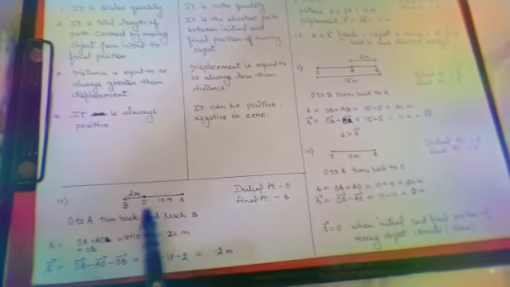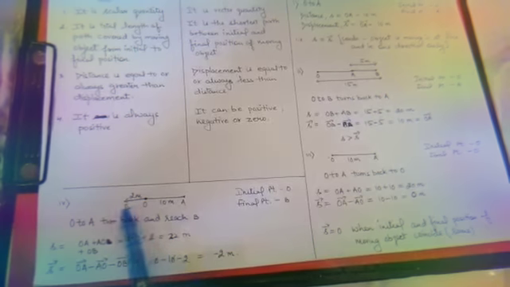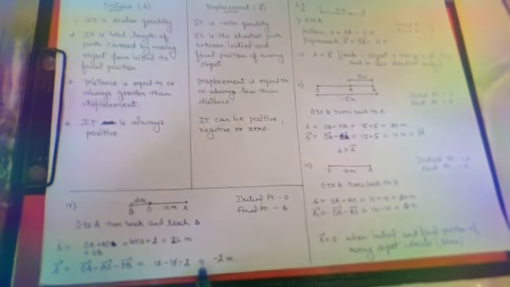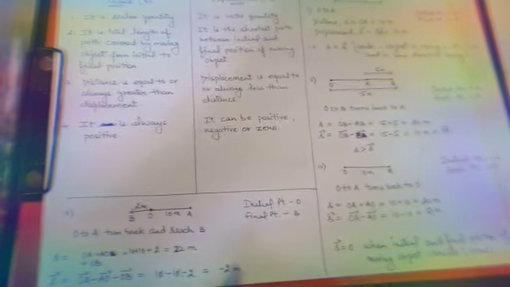Displacement, OA, as it turns back minus AO minus OB, that is 10 minus 12 equals minus 2 meters. So here displacement is negative.